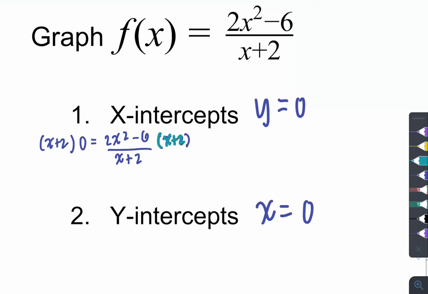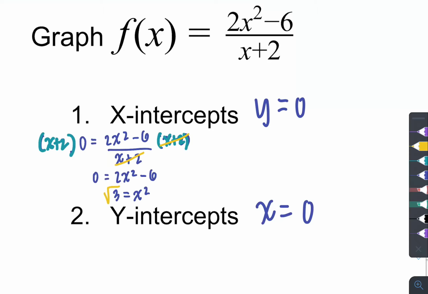So these are going to cancel, and we're left with 0 on the other side. So we get 0 equals 2x squared minus 6. Add 6 to both sides and divide by 2. You get 3 equals x squared.